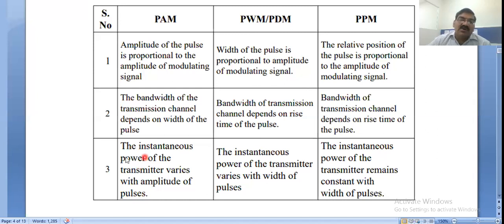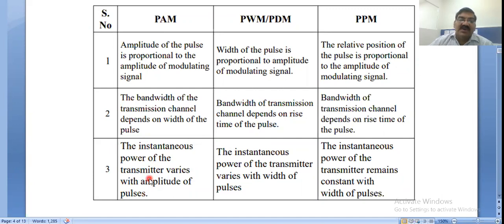The next point: in pulse amplitude modulation, the instantaneous power of the transmitter varies with the amplitude of the pulse. As the pulse amplitude is varied, the transmitted power is varied. So the transmitted power is not at all fixed here.